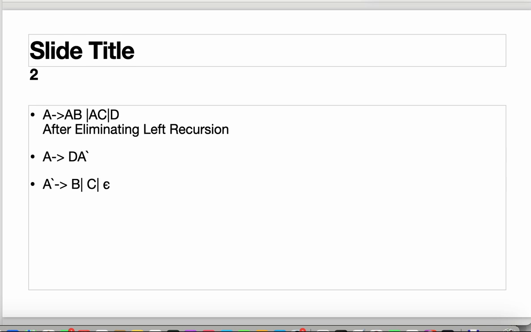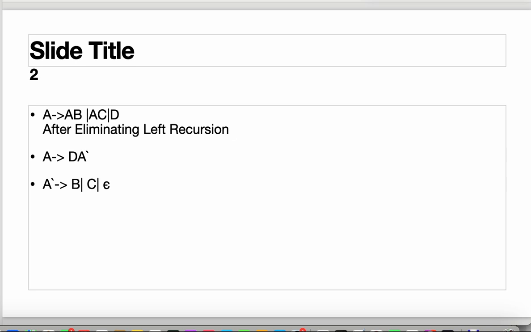A gives AB is one term, A gives AC is another term, A gives D is another. There are three terms in a given production. Now how do you eliminate here? Out of these three terms, two terms are creating recursion. Now replace these two terms by a new variable called A dash. You can take any variable. The term which is not creating recursion is only one.